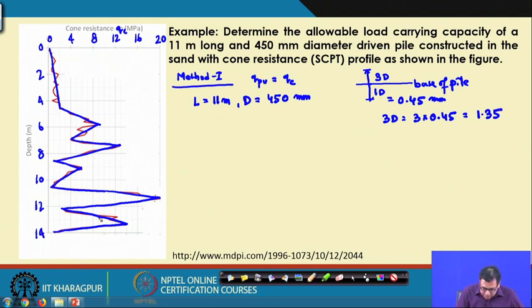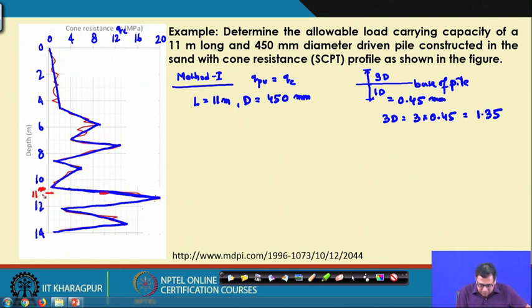So, 11 meter is where it is cutting, and this is the point. The pile base is here, because this is the pile base at 11 meter.